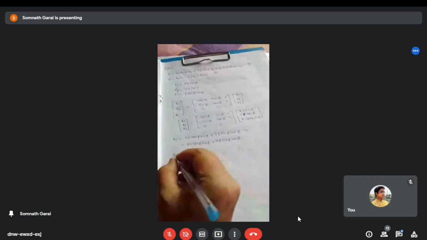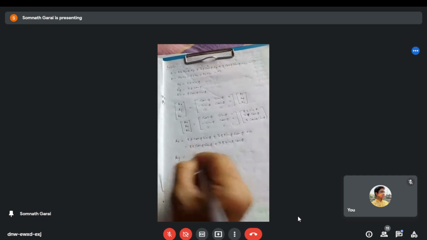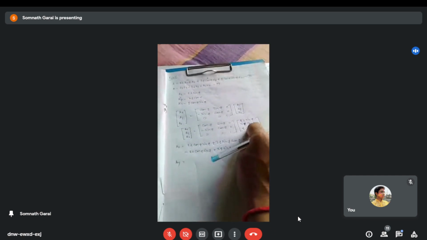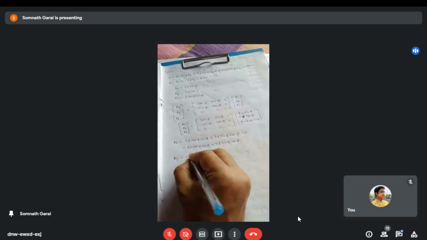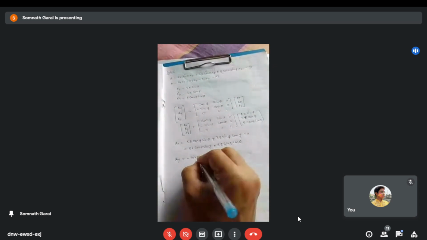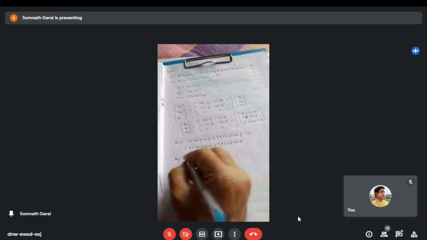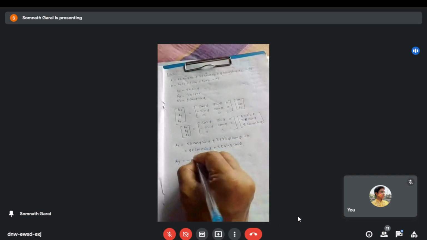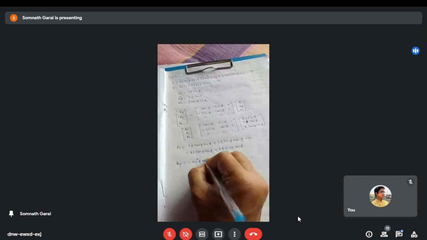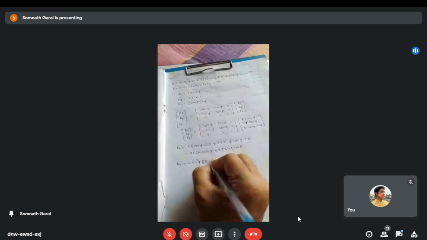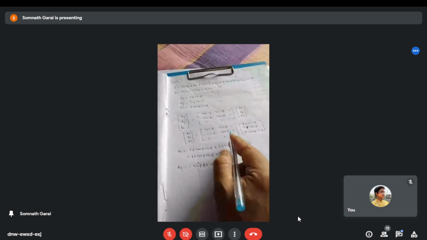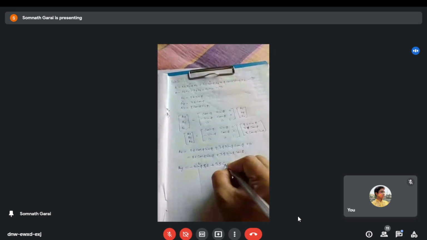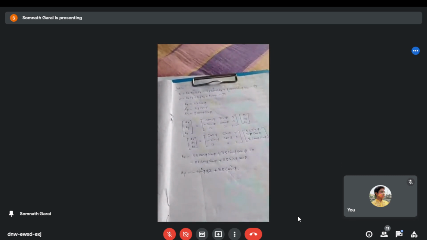Then ay, again matrix multiplication, row column, row column, row column. It will be minus sin phi into rho z sin phi, plus cos phi into 3 rho cos phi, so minus rho z sin square phi plus 3 rho cos square phi.